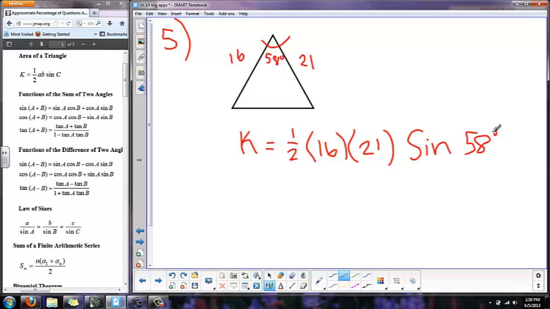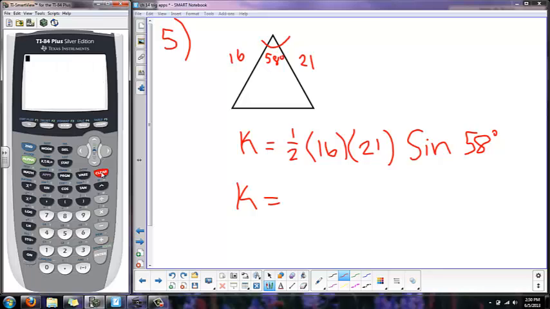I love these questions because you just type it all into your calculator. So this is 1/2 times 16 times 21 times the sine of 58. Hit enter.